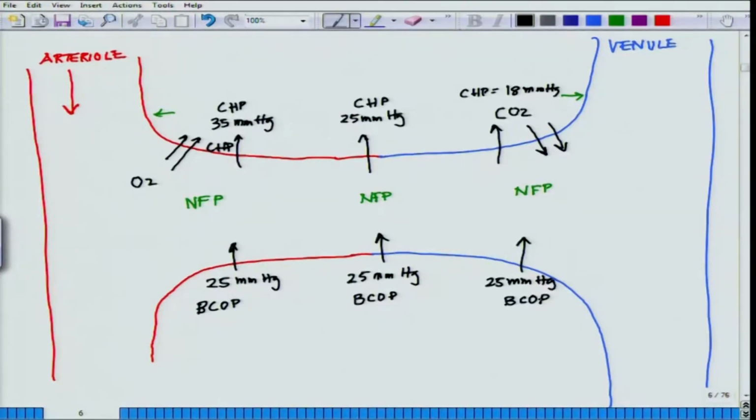BCOP. Okay. Now, if you have to calculate your net filtration pressure, these green values I haven't put.